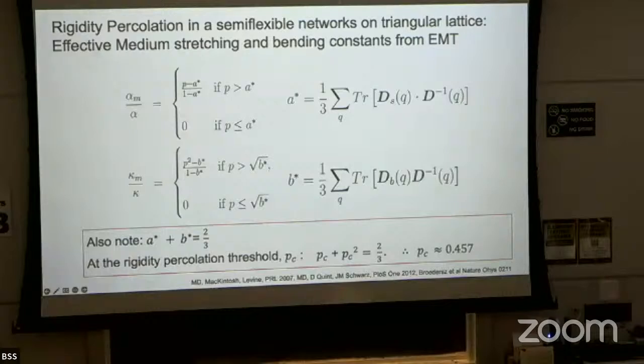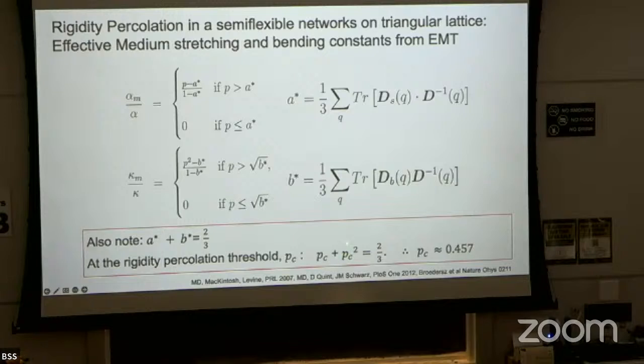But if I solve the equations simultaneously, self-consistently, you will see that alpha M and kappa M both go to 0 at the same point at PC, where the bending energy is 0. I would expect PC to return to 2/3. Yes. But how does that fall out of this map?